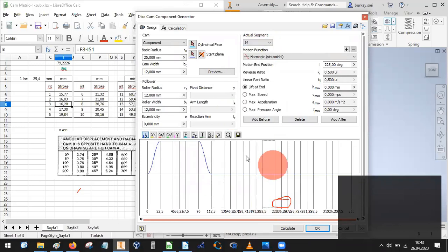When you select the segments, as you see, I have selected the 7th one. From this one, I will select the 21st segment. It is changing. It is normal. No problem so far.